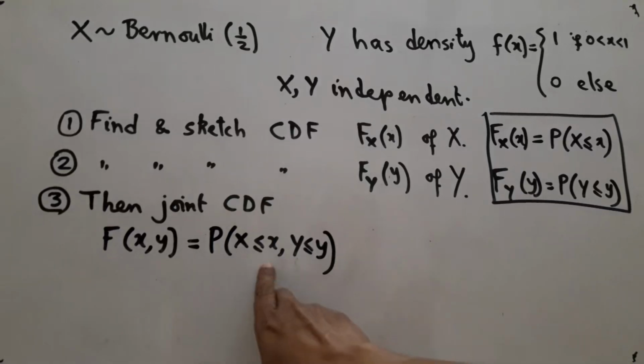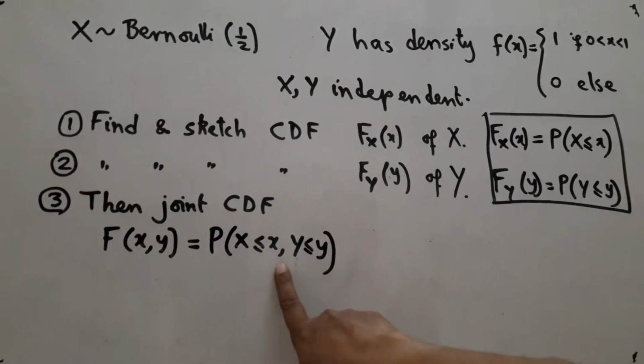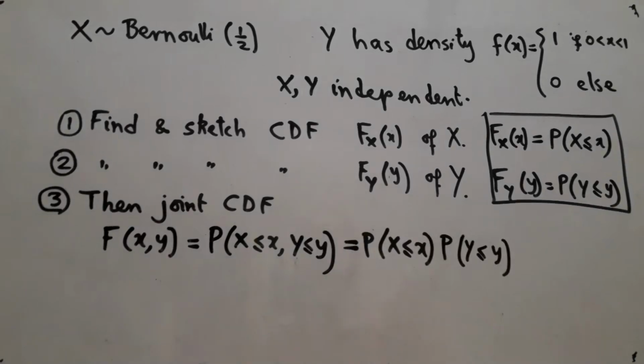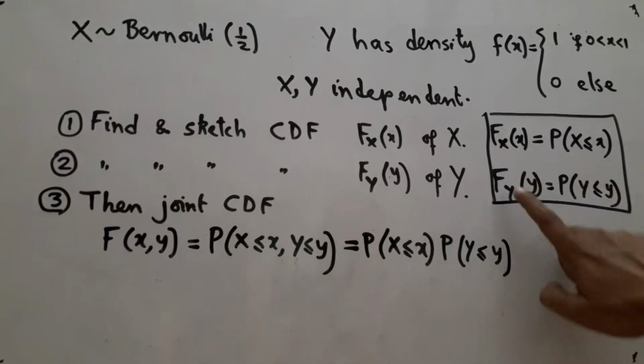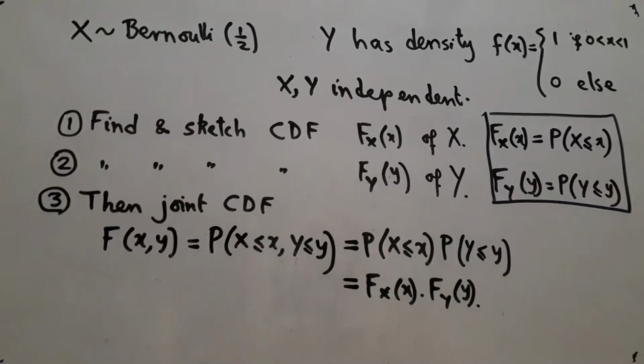Now this is something in terms of X, this is something in terms of Y. They are combined by 'and', and X and Y are independent. Hence, the probability splits up into two probabilities, one in terms of x, the other in terms of y. Now we see that this is precisely F_X and this is precisely F_Y. So once you have computed these two, you have in effect also computed the joint CDF.